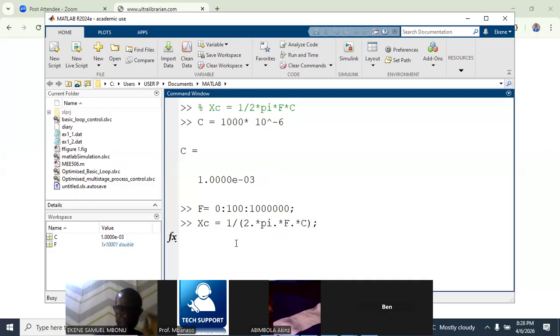Now, where is the error coming from? 1 divided by 2 times pi times f times c.